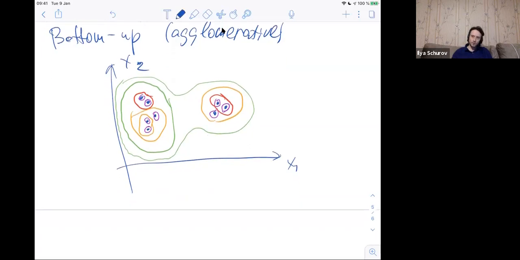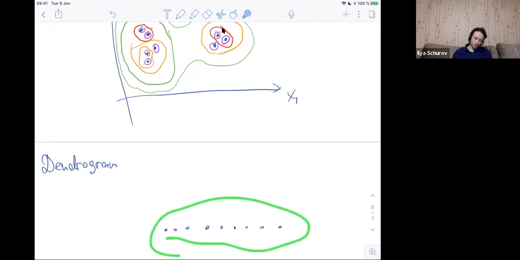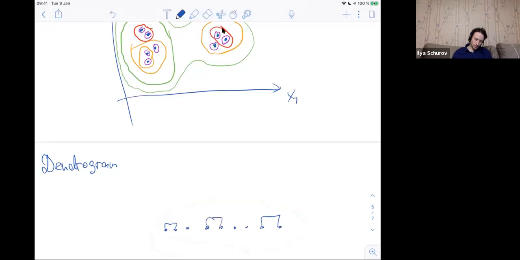So we can draw a picture that is called a dendrogram. And this picture looks like the following. We have points here. These points correspond to our initial data points. And then we unite them. For example, some points here.